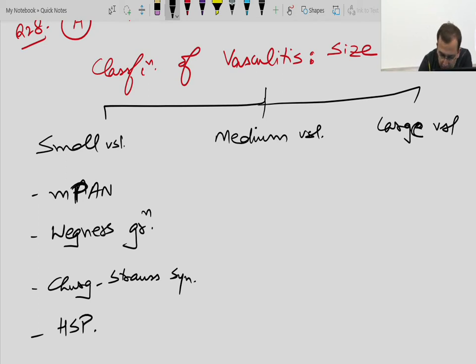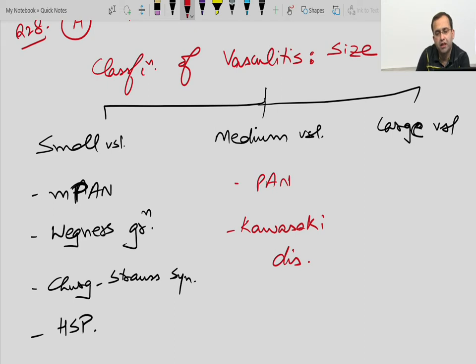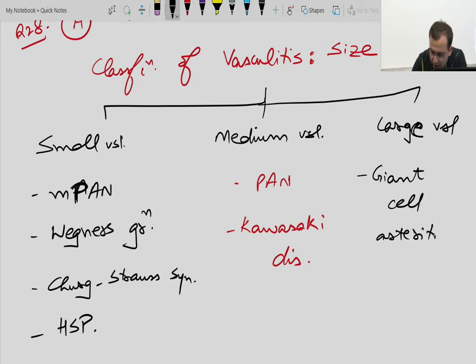The medium vessel vasculitides are PAN and Kawasaki disease, whereas the large vessel vasculitides are giant cell arteritis and Takayasu syndrome.